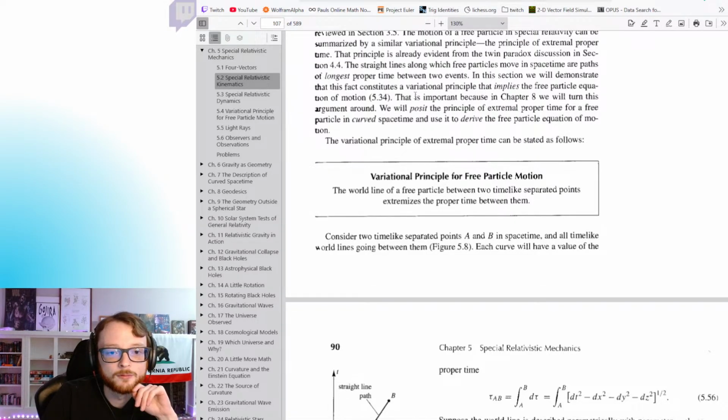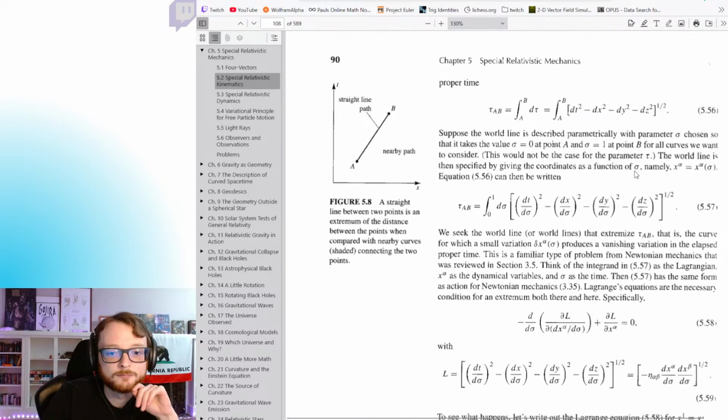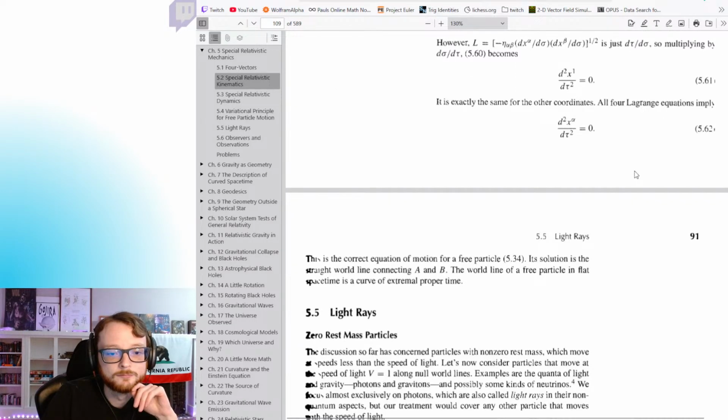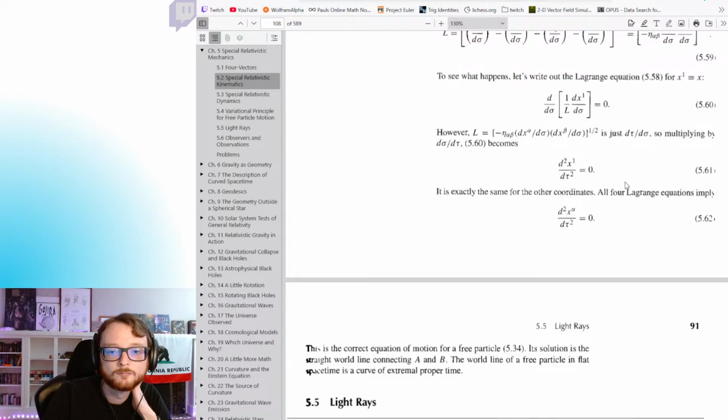And then they said that right at the end of this section too: this is the correct equation of motion for a free particle, the one such that du/dτ is 0. So the derivative of velocity with respect to proper time is 0. In the absence of forces, they said that's Newton's first law.